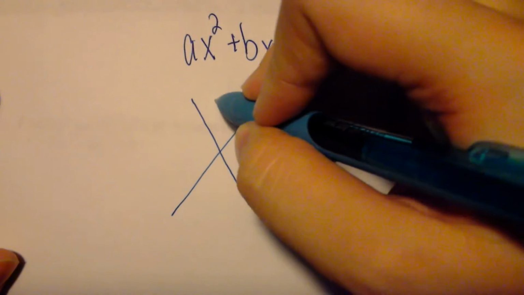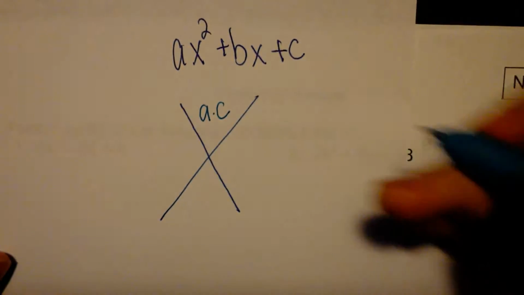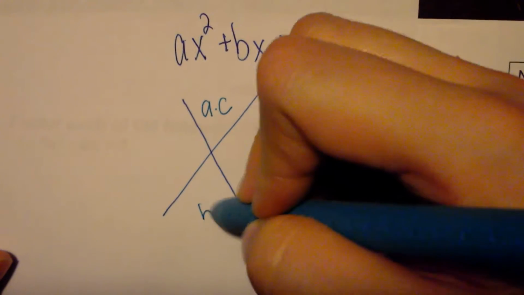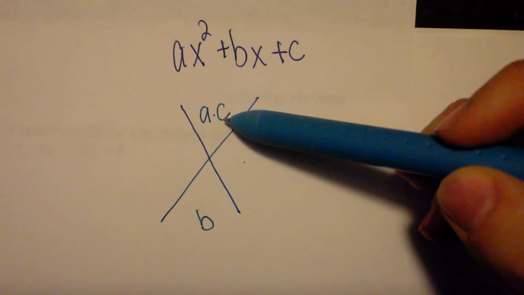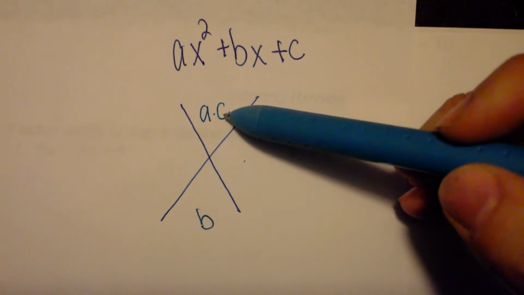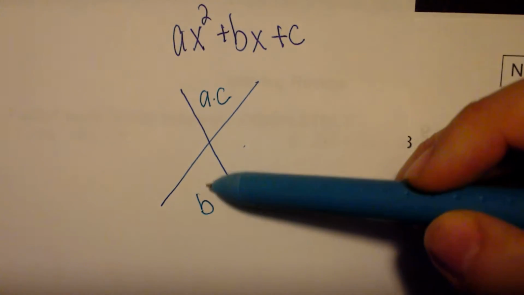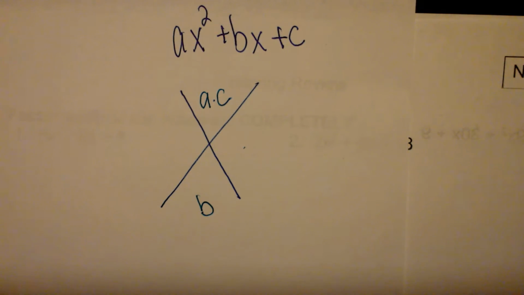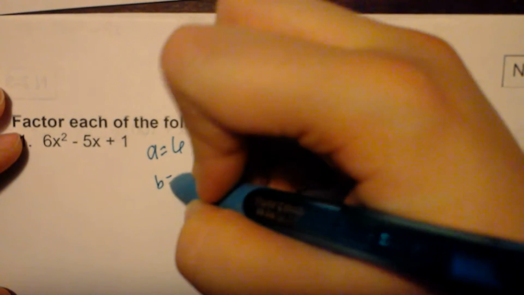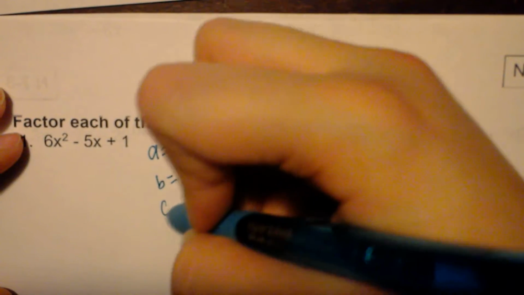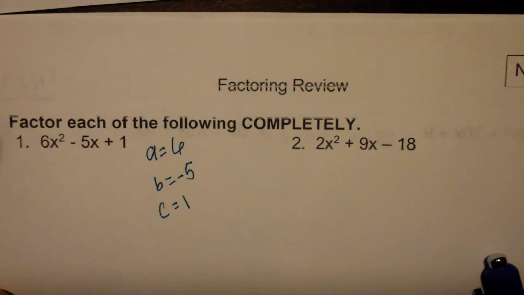So the top of the x, we're going to take our a and our c and multiply them. And then b is going to be at the bottom. So we have to figure out what two numbers multiply and add together to get a times c and b. So for number 1, a is 6, b is -5, and c is 1.